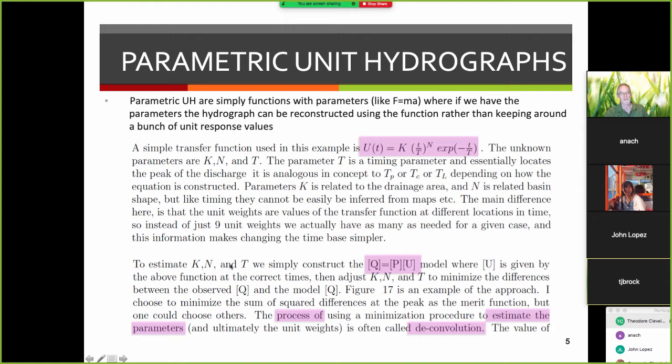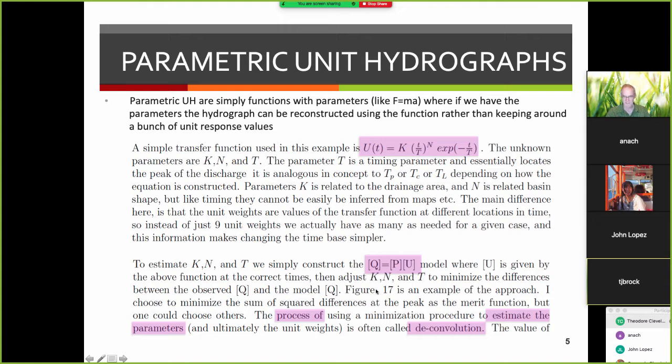So to estimate k, n, and t in the case where we have observations in the analysis context, we're simply going to construct the same linear system as before, q equals p times u, where u is given by the function at the correct times. Then we adjust the values of k, n, and t to minimize the difference between the observed discharges and the model discharges.